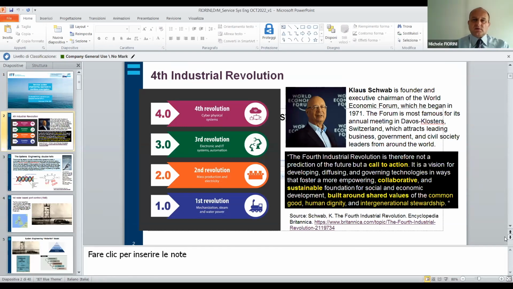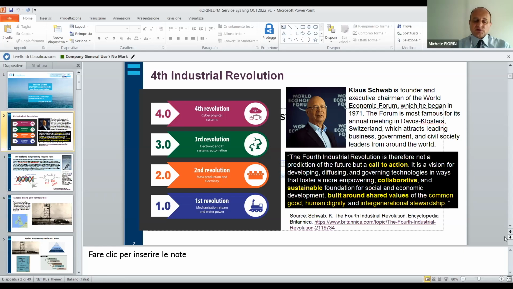Klaus Schwab, the founder of the World Economic Forum, formulated the fourth industrial revolution, quite different from the previous three, because this is much more a call for action, a systemic approach, empowering a collaborative and more sustainable approach around common shared value for the good of humans, human dignity, and intergeneration stewardship.